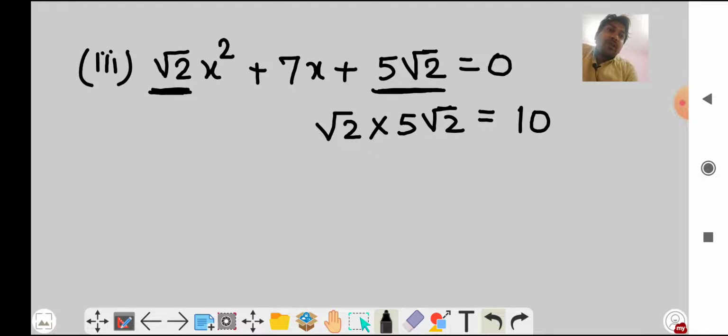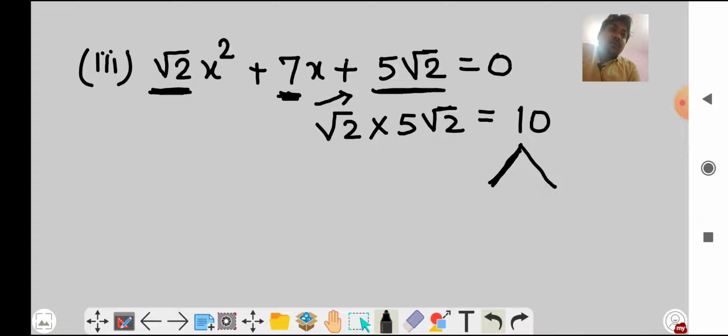Now see, we have to find the factors of 10 such that here is the addition sign, right? The addition of these two factors will result in 7.